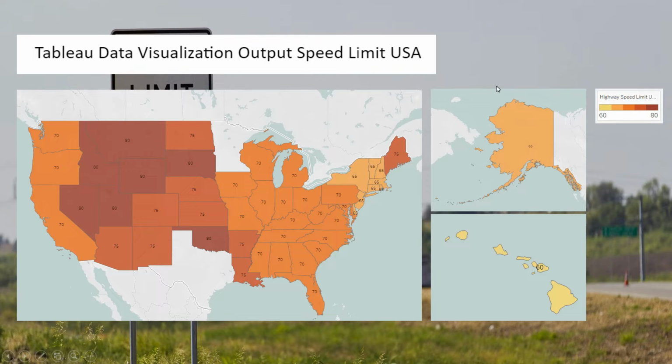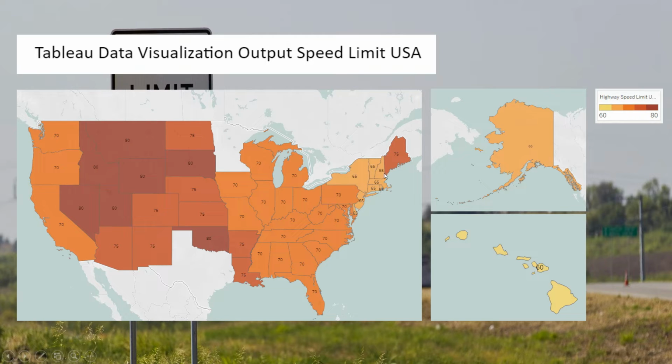So here's the output of my data visualization comparing speed limits in the USA. You can see the whole map of the USA. What I found interesting is where I live it's 65 here. In New York, it's also 65.